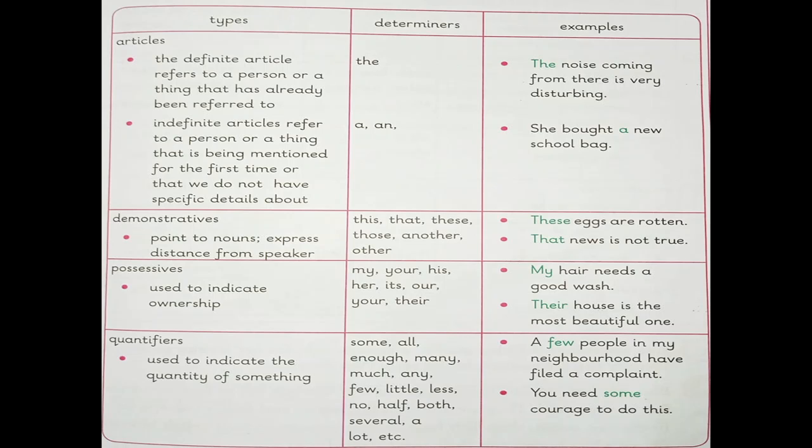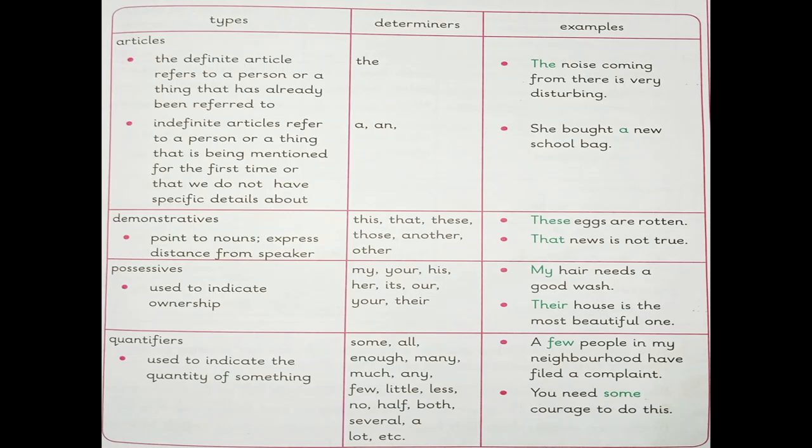Now, let us take two examples of quantifiers, students. The first example says, a few people in my neighborhood have filed a complaint. It tells us a few people. So it is telling the quantity, the number of people who have filed the complaint.